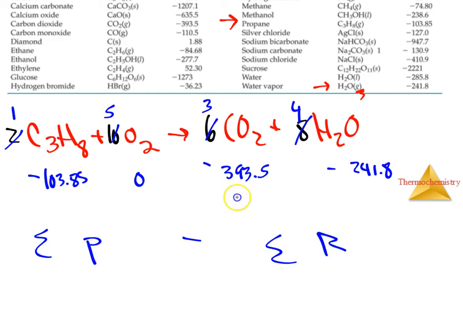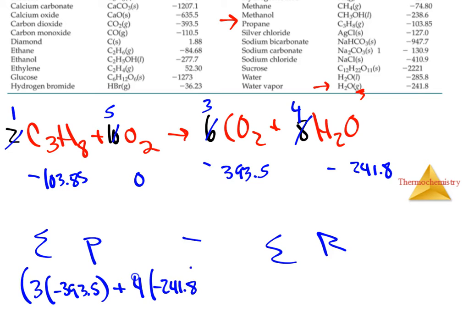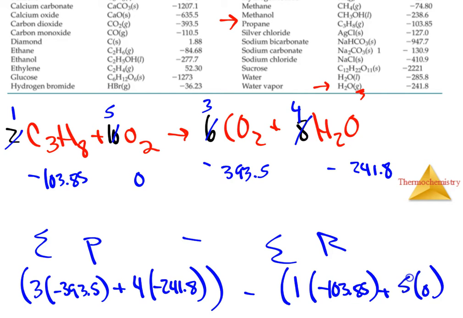So the products I have, well, let's go in order. I have 3 times negative 393.5. Does that sound right? Plus, because it's a sum, 4 times negative 241.8. All right, and I'm going to take all of that, and then I'm going to subtract 1 times negative 103.85 plus 5 times 0.